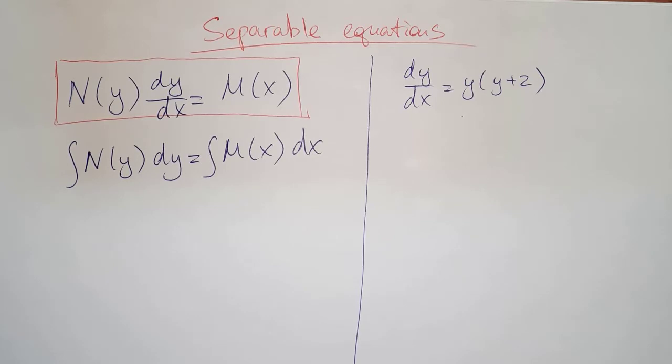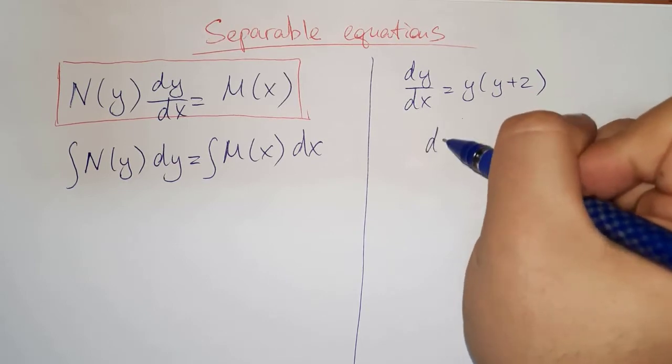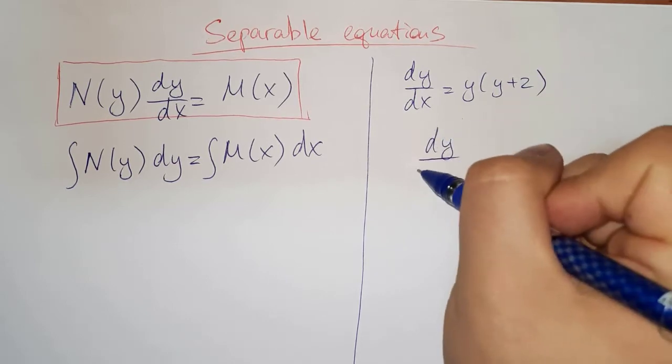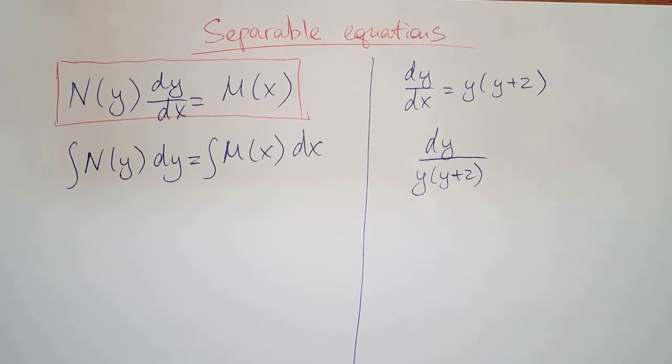Okay, so here, we can write it like dy over y plus 2 equals dx, if we divide by y plus 2. So we need to move all functions with respect to y to one side with dy, and all functions with x to the other side with dx. Is it clear?